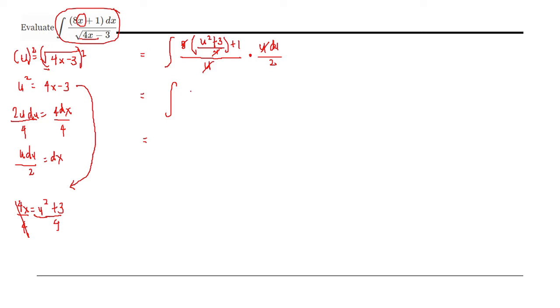Okay, simplifying this equation, 8 over 4, that's simply 2 times u squared plus 3 plus 1, then multiplied by du over 2.